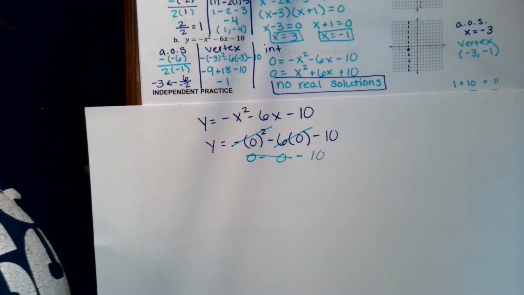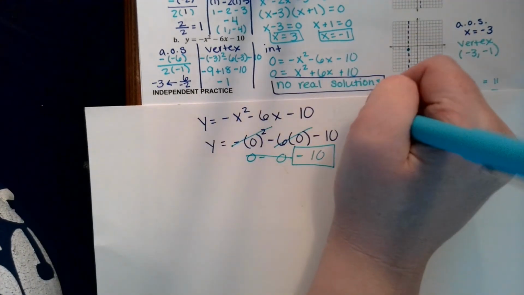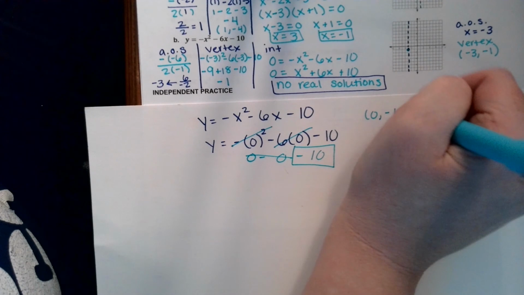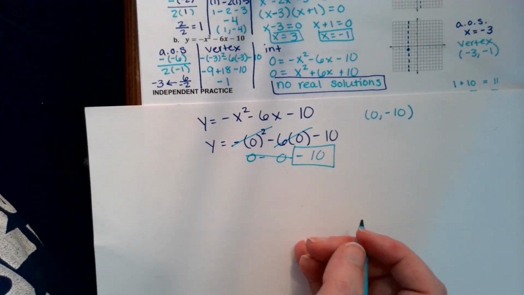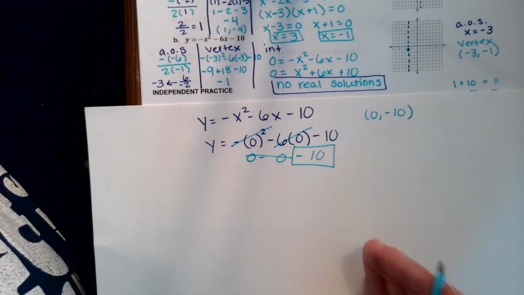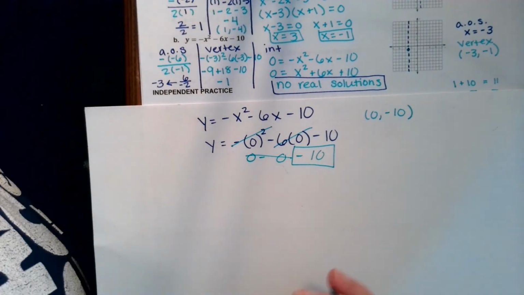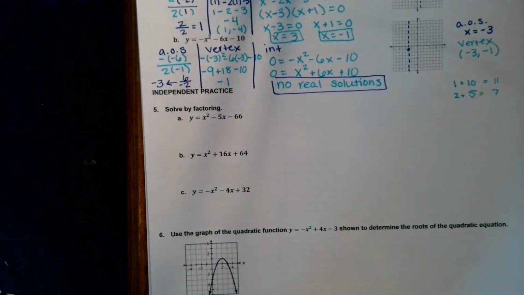We don't even need to worry about zeros. We're just left with negative 10. So we have a coordinate at 0, negative 10. So I plugged in a random x value. If you get to where you have no real solutions but you still need to graph it, plug 0 in.